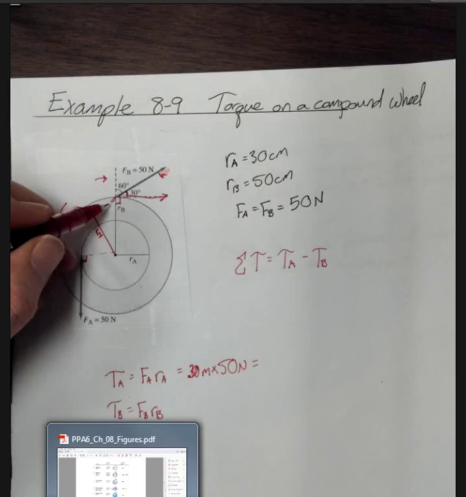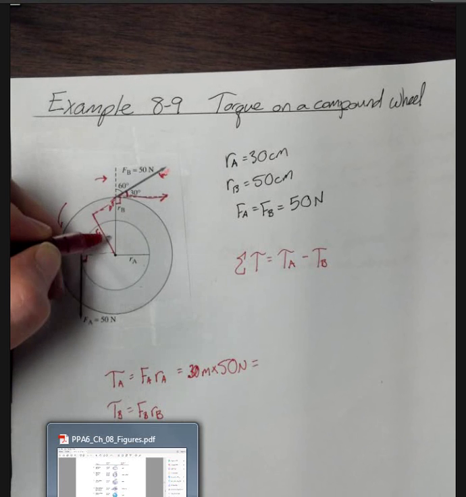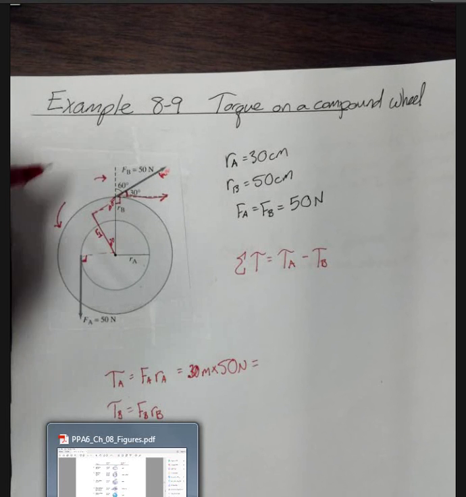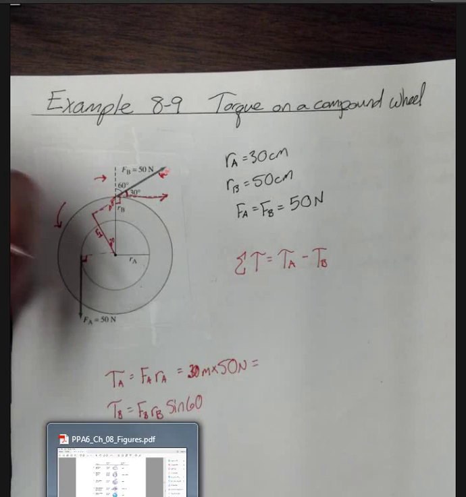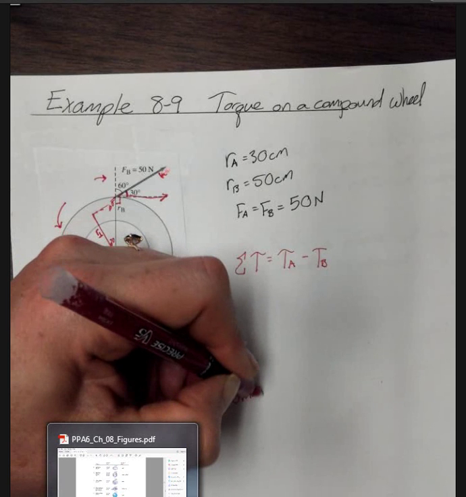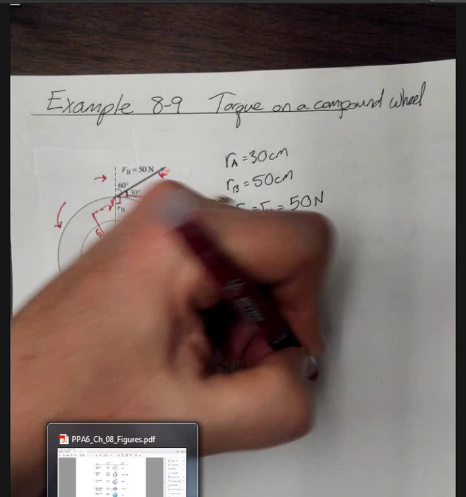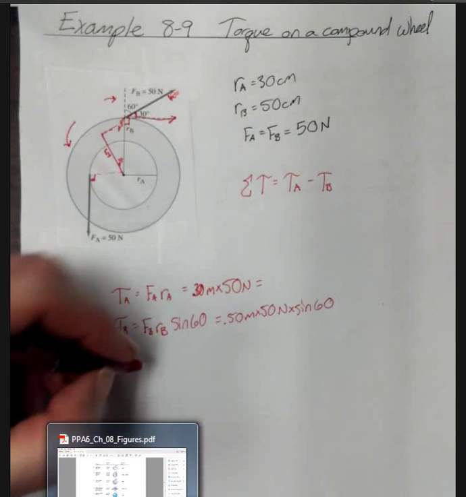Likewise here with our similar triangle, we've got 60 degrees here, 30 here, so it's going to be sine of 60, and so that's going to be 0.50 meters times 50 newtons times sine of 60, and we can plug that into our net torque equation.